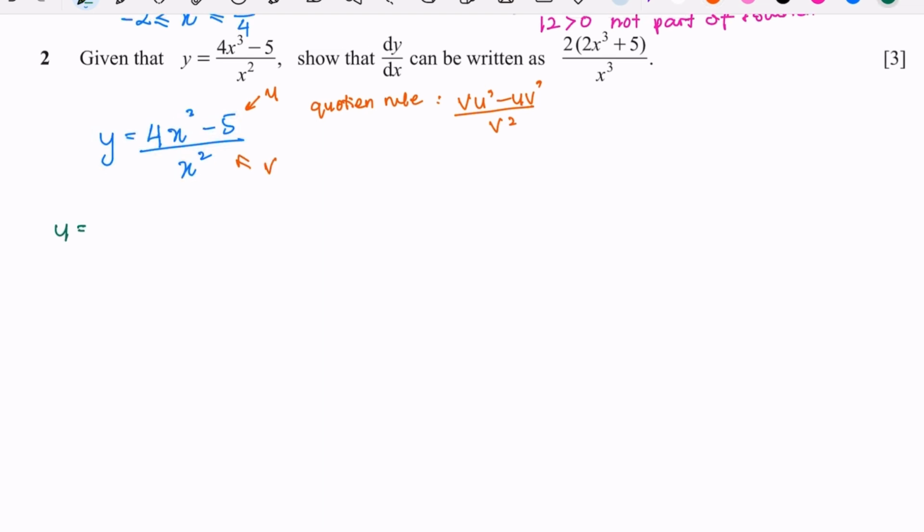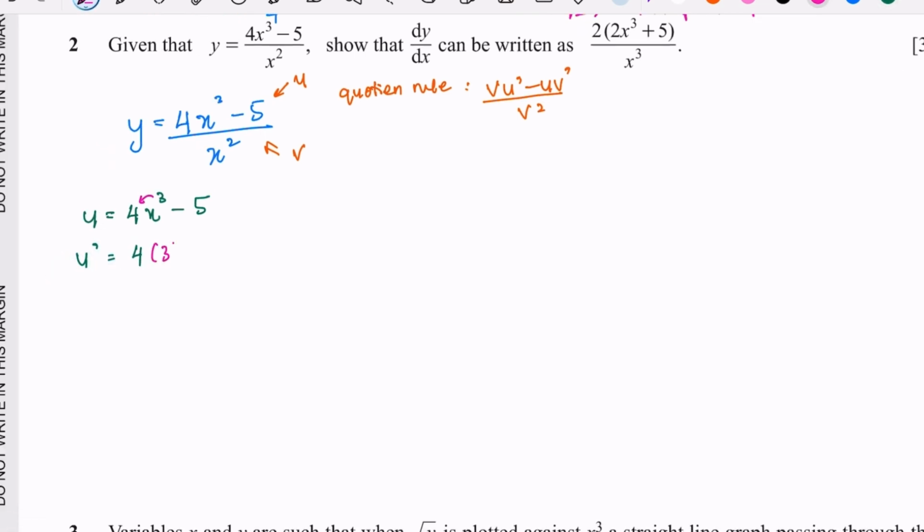u is equal to 4x power 3 minus 5. Differentiate u, that will give me u prime. 3 bring forward, it's going to be 3 times 4, x, 3 will need to minus 1, and then 5 will disappear because 5 is constant.